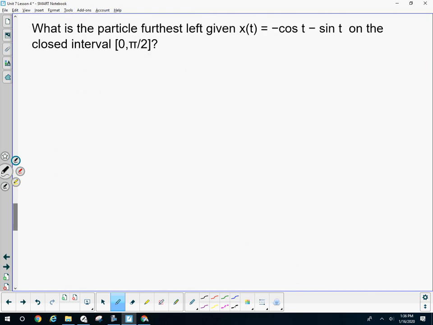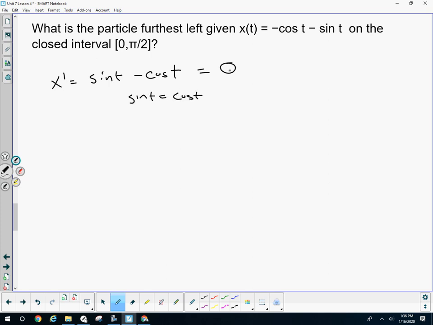Trig functions are in play. You guys remember how to solve this? When is sine t minus cos t equal to 0? Two ways to do this.